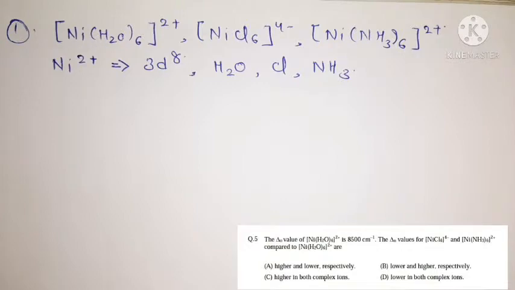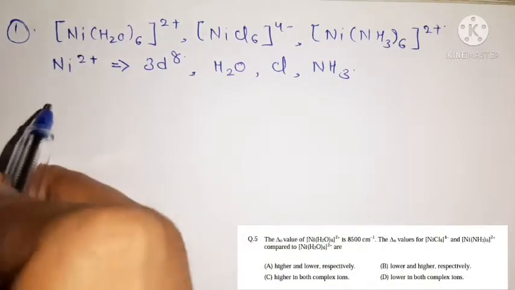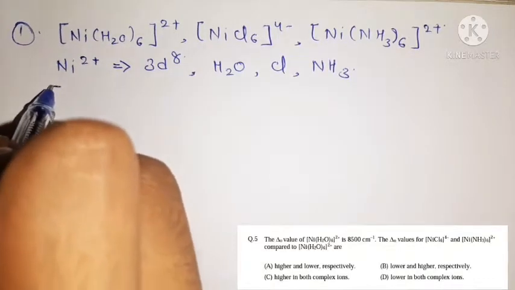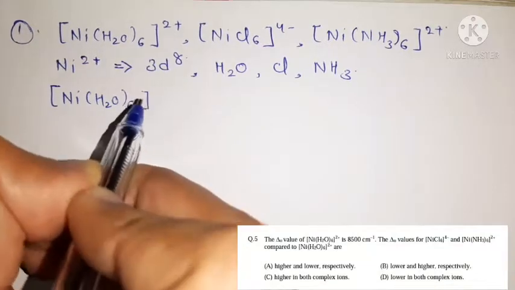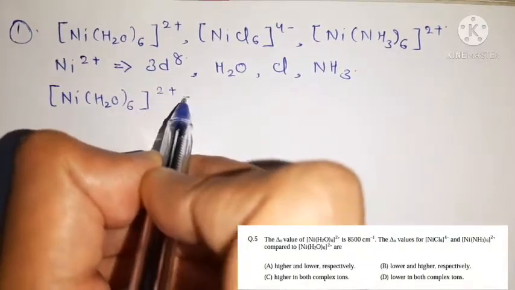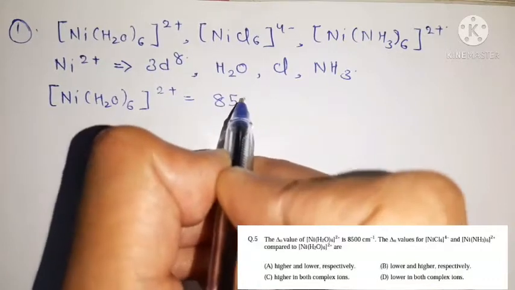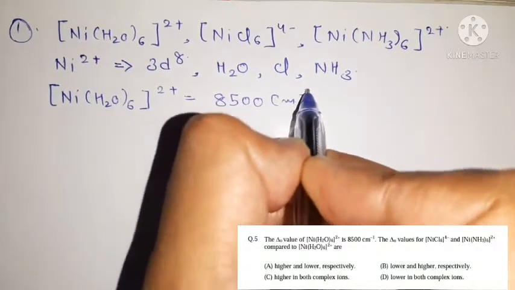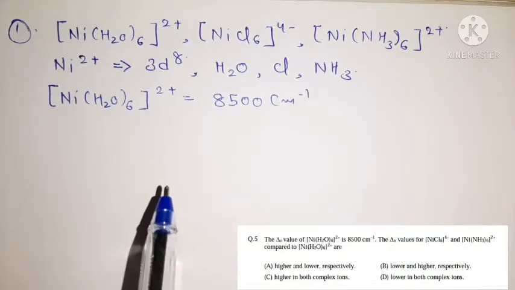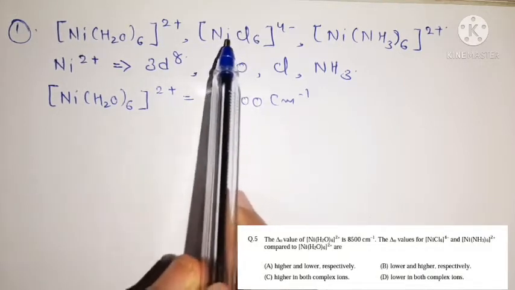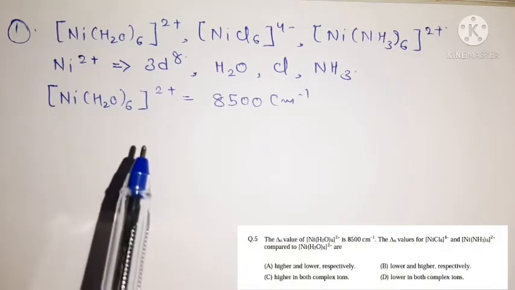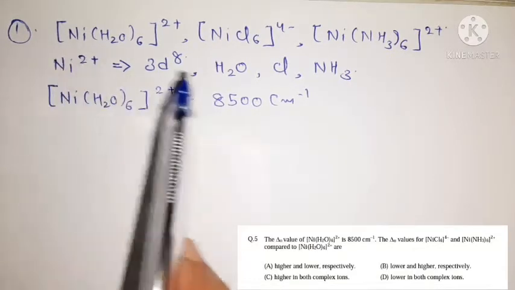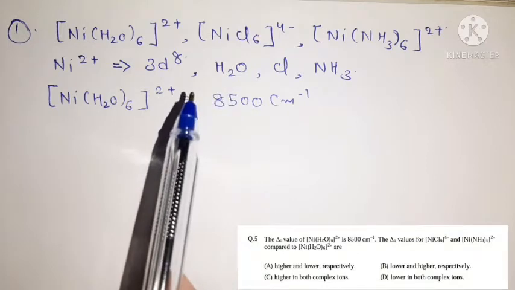And the given del O value according to your question is for Ni(H2O)6 2+, that is 8500 centimeter inverse. This is given in your question, and you must compare the values of del O of this complex and this complex. Okay, so ultimately what should we find? We find the order of del O of these three complexes.